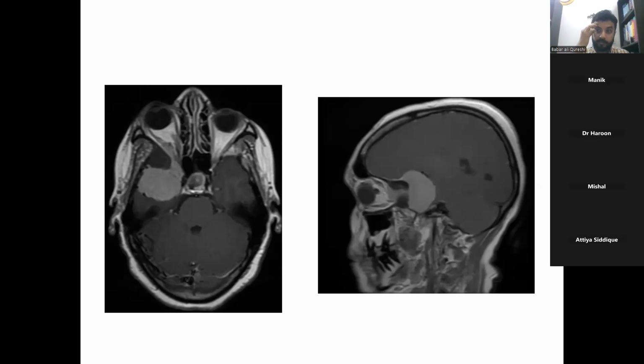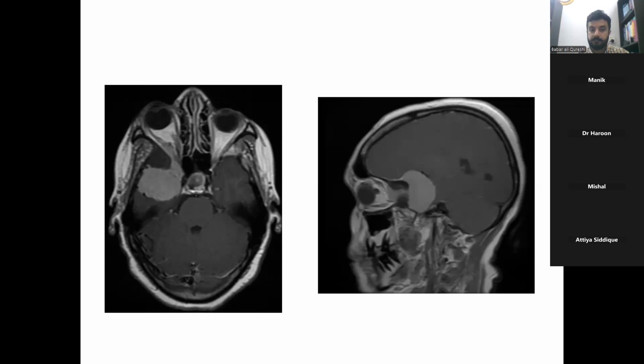Okay, so how are you going to treat this patient? Does the patient have vision loss, or was the vision intact? Patient's vision is intact, but the ocular movement is affected. Okay, first I'll counsel the patient regarding the disease, and tell them that there is a tumor and we need to operate on it.